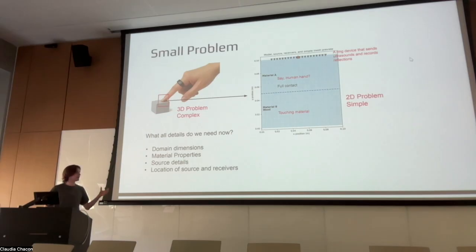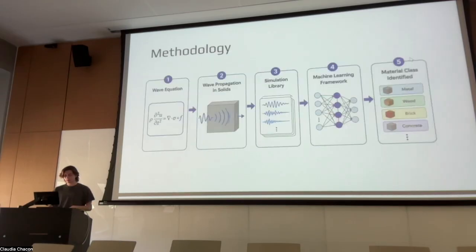So we set up a simulation in which we would be able to send faux ultrasound waves through the material and then see how it would react upon hitting another material, and use this to identify the way that ultrasound waves act upon contact with different materials, and therefore maybe reverse engineer that so that we could see a signal and identify a material, etc. So our methodology was basically one of 5 steps.